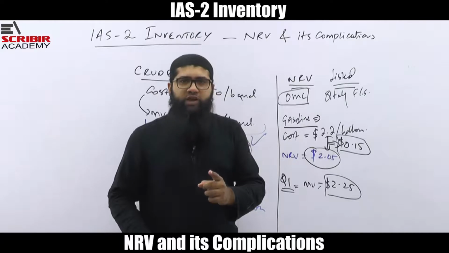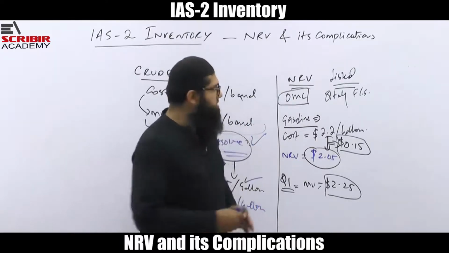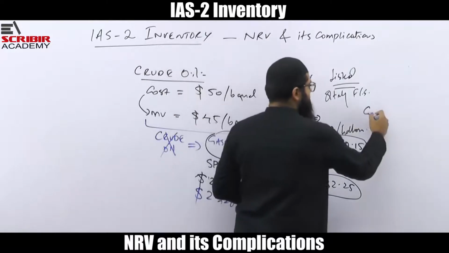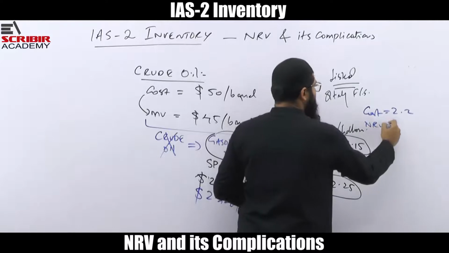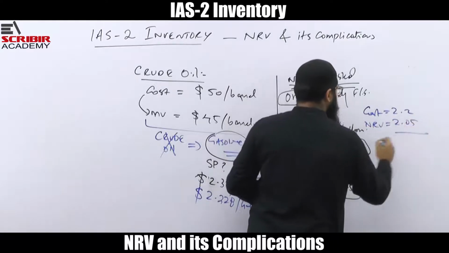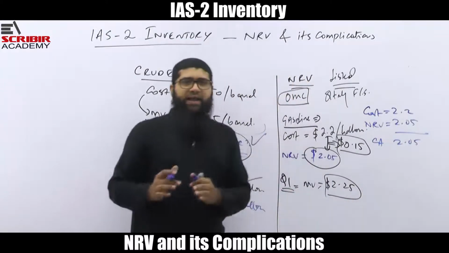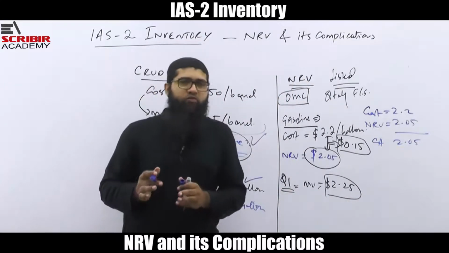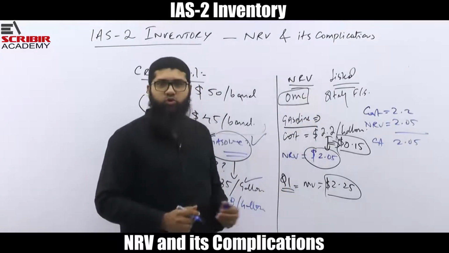Because IAS 2 says inventory is to be recorded at the lower of cost or NRV. Your cost is 2.2. You had written it down to NRV of 2.05, so your carrying amount is 2.05. Having a carrying amount of 2.05 does not mean that the cost has become 2.05. The cost remains 2.2.